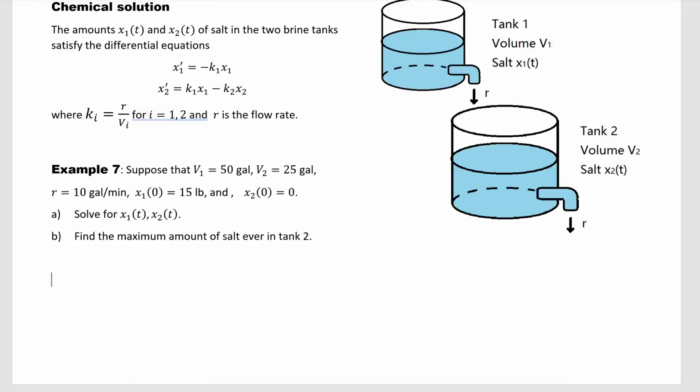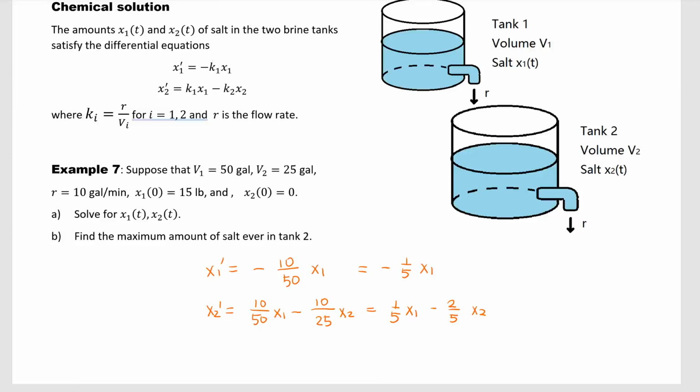Let's plug in the numbers. x1 prime is negative k1 x1, where k1 is r over V1, 10 over 50. And x2 prime is positive k1 x1, minus k2 x2, where k2 is r over V2, 10 over 25. So x1 prime is -1/5 x1, and x2 prime is 1/5 x1 minus 2/5 x2. So far, so good, everybody?